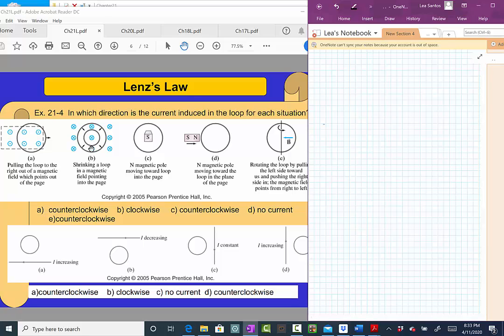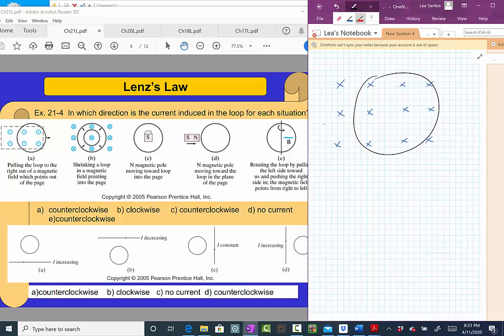Again, you see, in problem B, we have the magnetic field constant going into the page. We are not going to touch this magnetic field. Okay, what are we going to do now? We are going to change the area. The area was something like this. So you see many lines going through our loop.